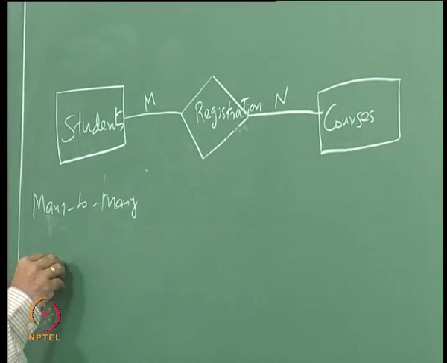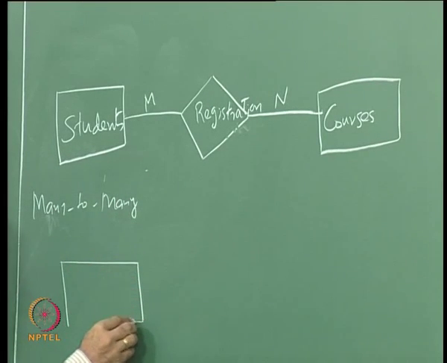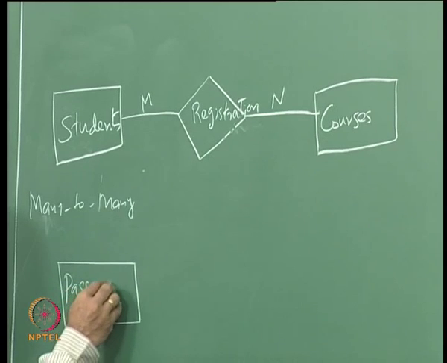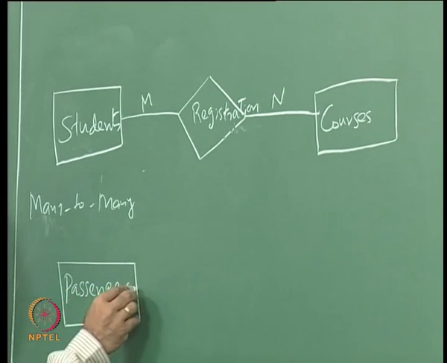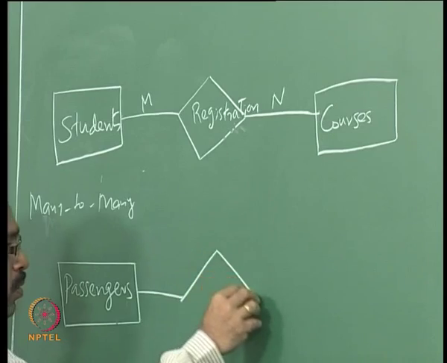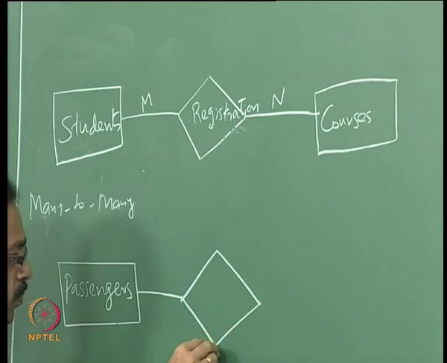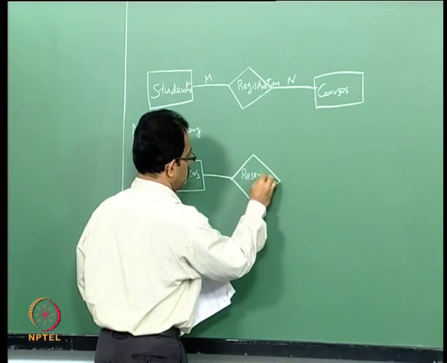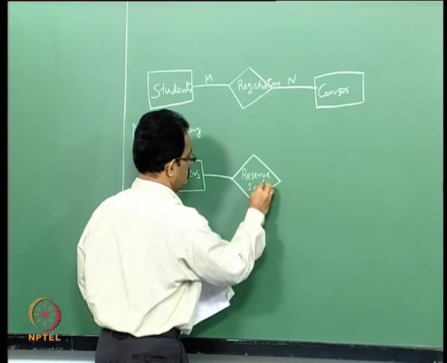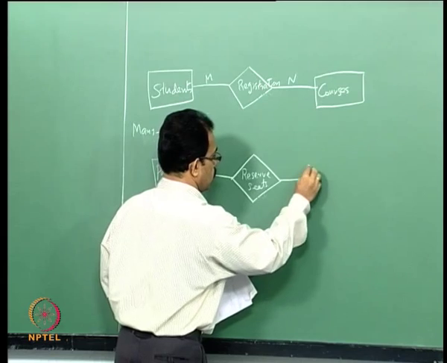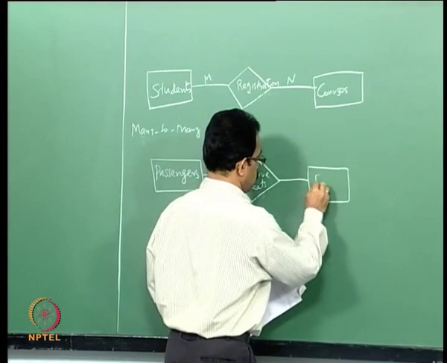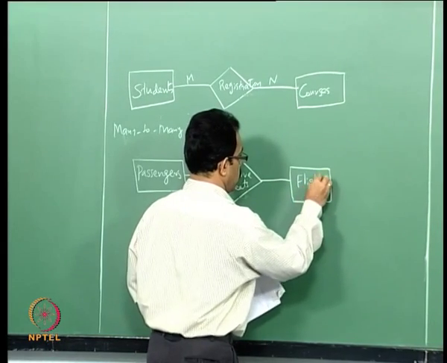Similarly, you can see the ticket booking by passengers. So, passengers reserve seats on flights or trains.